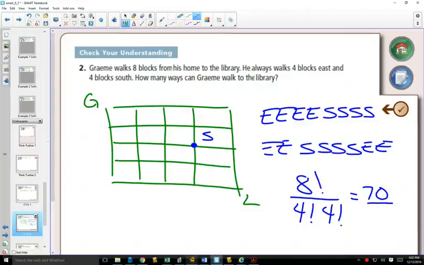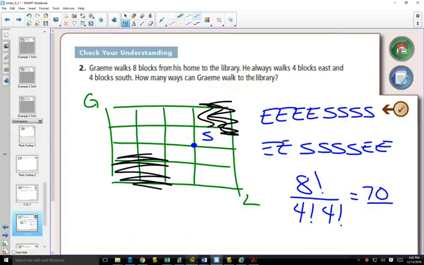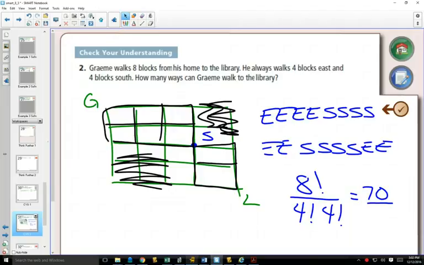Now, how many ways can Graham get to the library? Can you see that in this situation, we're really only looking at this grid here and this grid here. Because Graham is always walking by Susie's place.